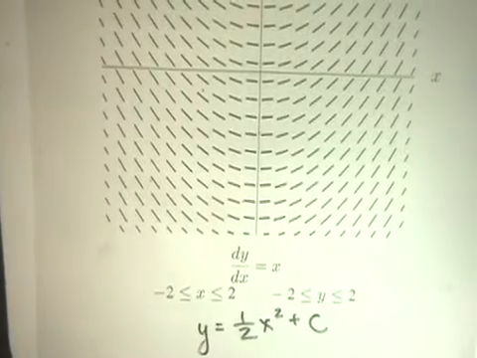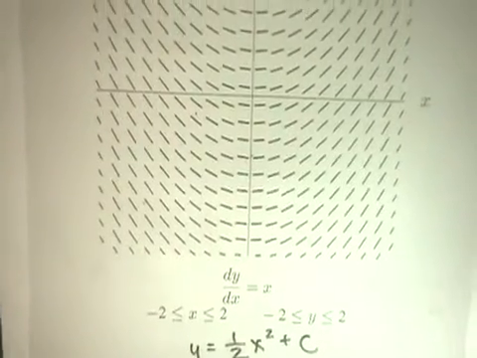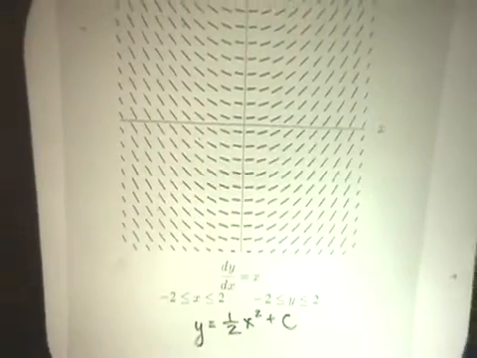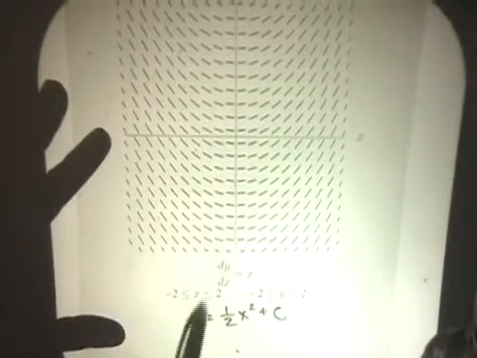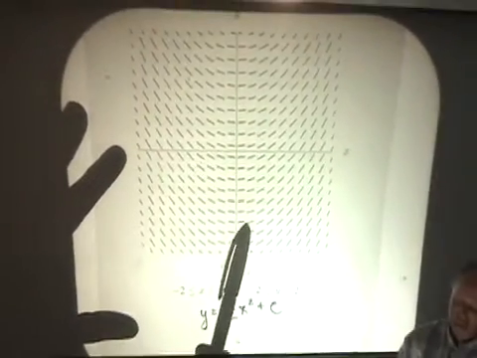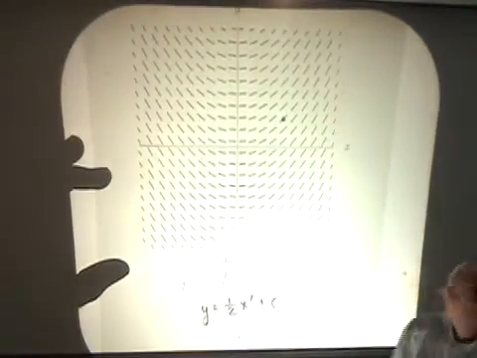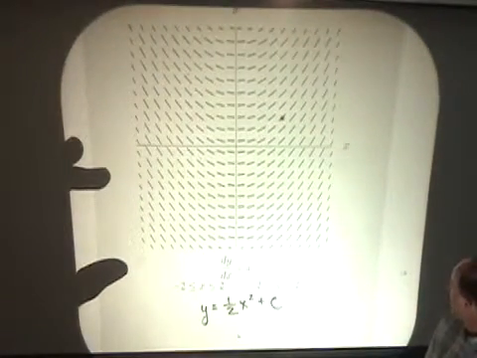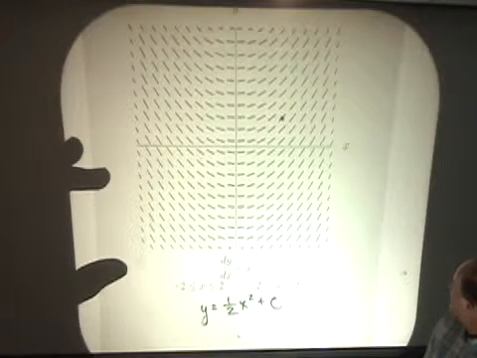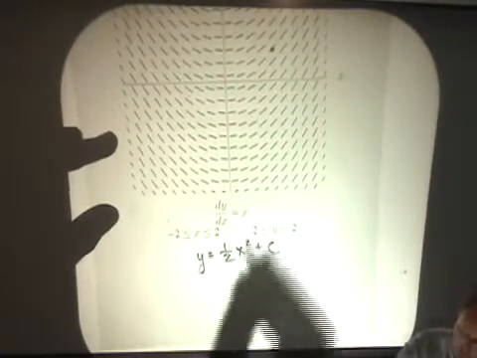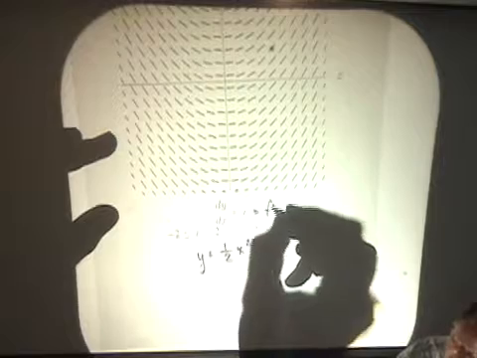Kind of pretty. Does it make sense? Yes, it should make sense. At any point, say I take this point right about here, the slope of the little line segment should be equal to the value of the right-hand side.